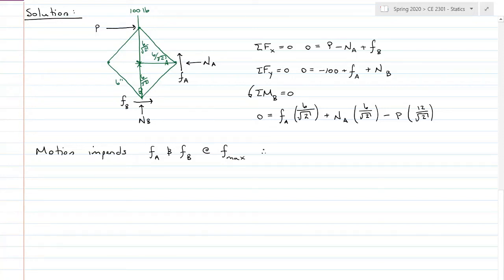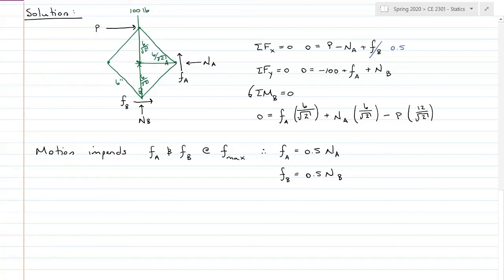So therefore, friction A is equal to 0.5 normal A, and friction B is equal to 0.5 normal B, okay? So they're at a maximum, but they're still dependent on their normal forces, which shouldn't be the same, because pushing down on the ground is different than pushing to the right on the wall. However, that does reduce our number of unknowns.